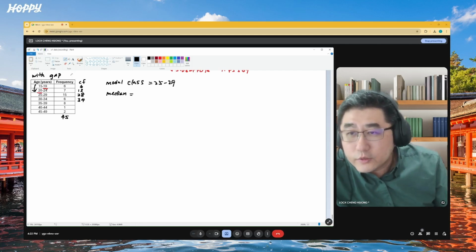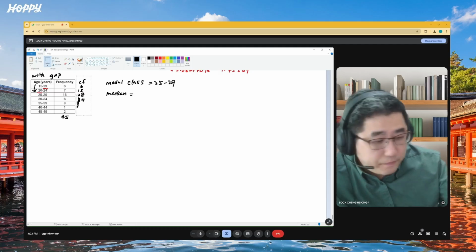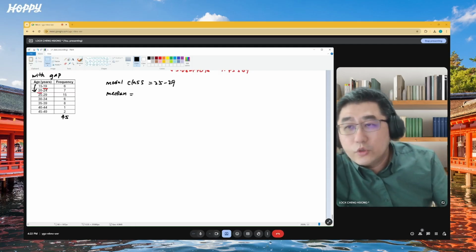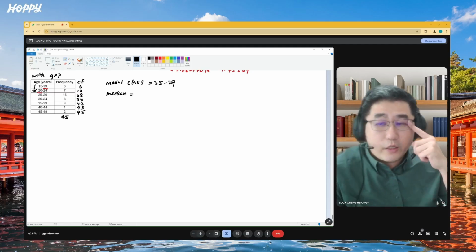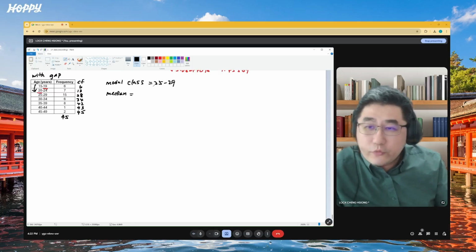I think I sum it wrongly again. Cumulative frequency. Okay, I'll have 6, 13 and 28, 34, 42, 43, and 45. That will be my cumulative frequency.